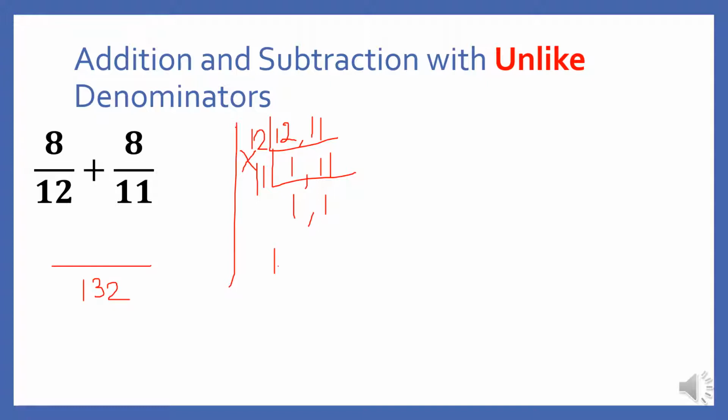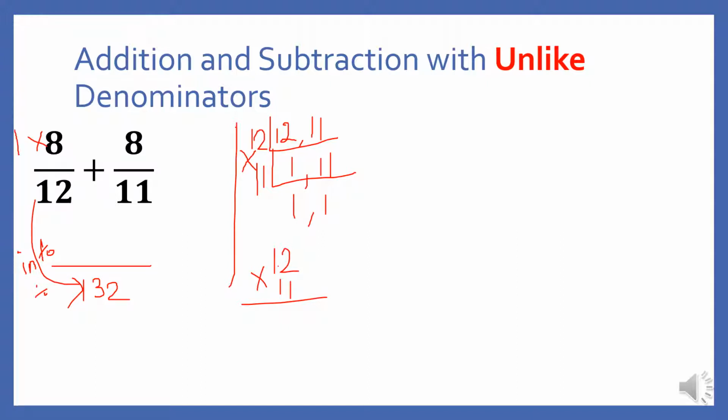If you don't know how much 12 times 11 is, you can come to the working column and multiply 12 by 11. Now, the next step is to divide and then multiply. I am going to say 12 into 132 is 11.